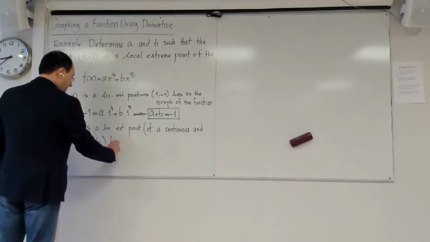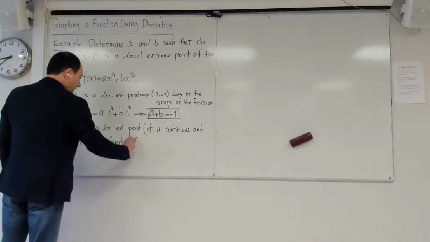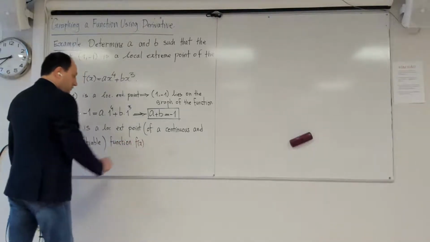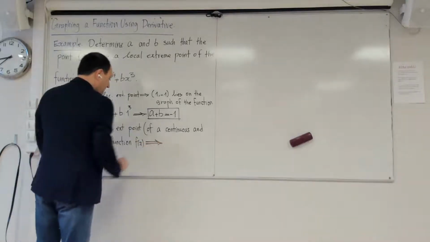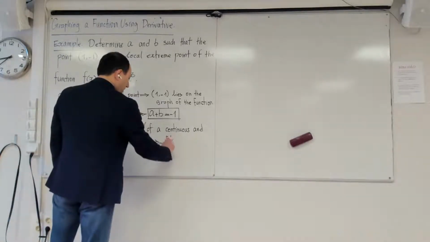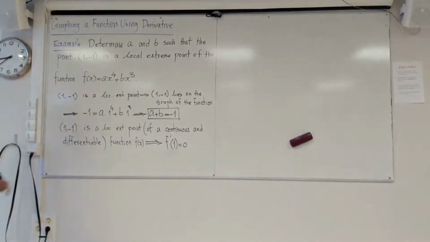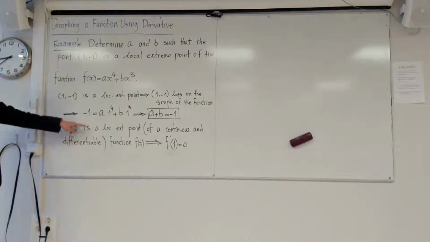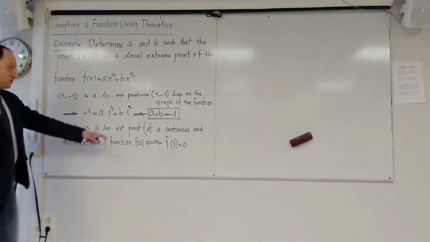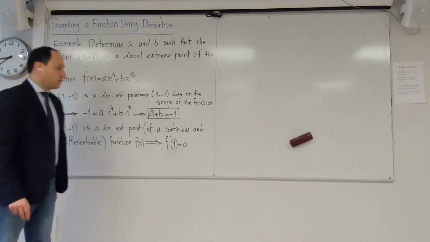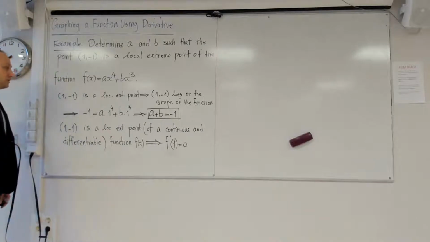So this implies that f prime at 1 has to be equal to 0. So again, I'm using the piece of information in a different way.